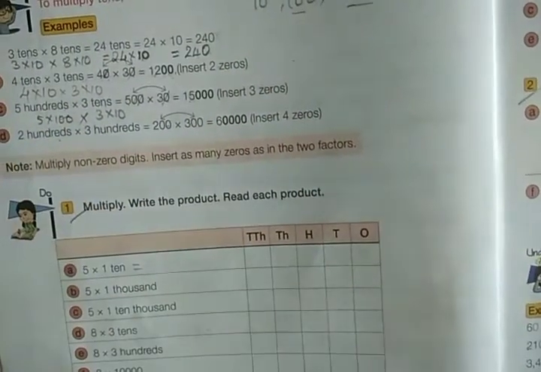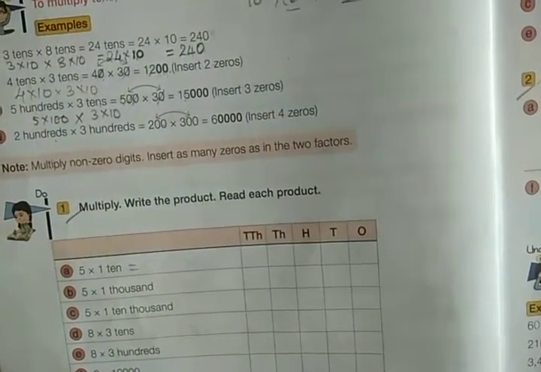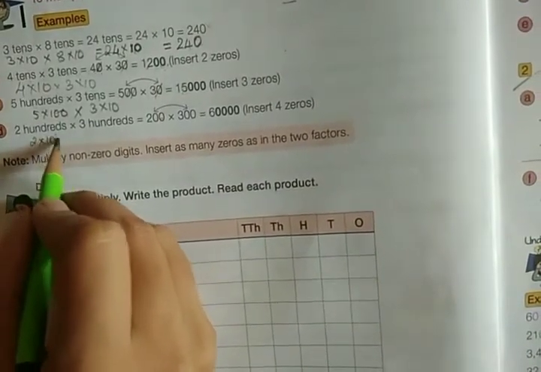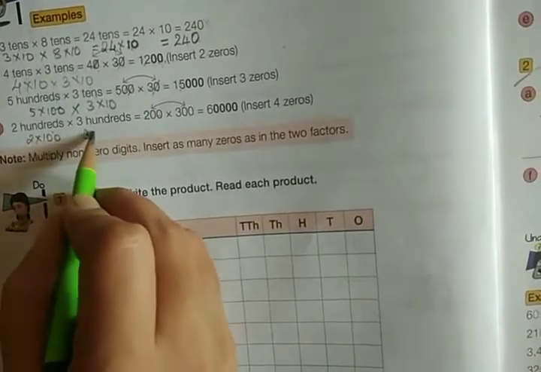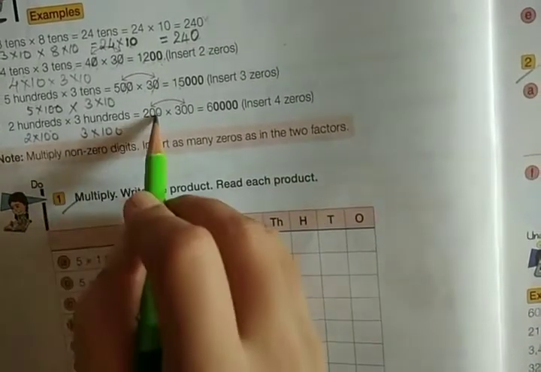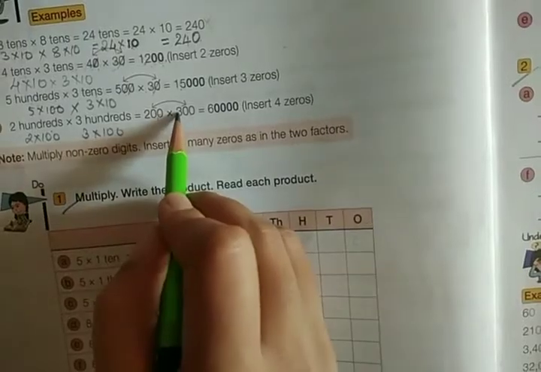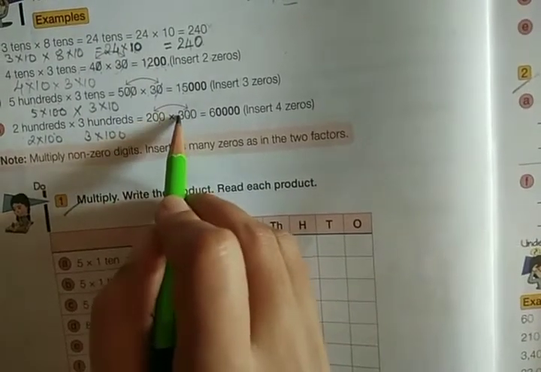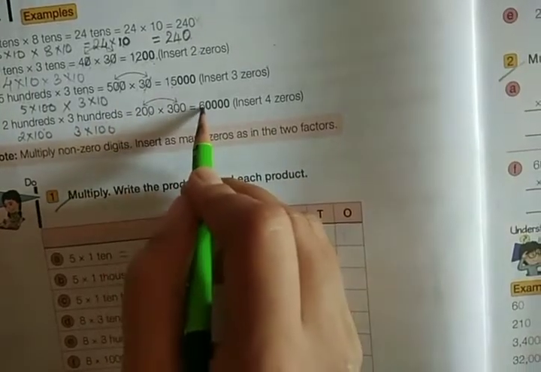See the D1, 200 multiplied by 300. 200 means 2 into 100 and 300 is 3 into 100. Now leave the zeros and multiply only the numbers. 2 3s are 6.